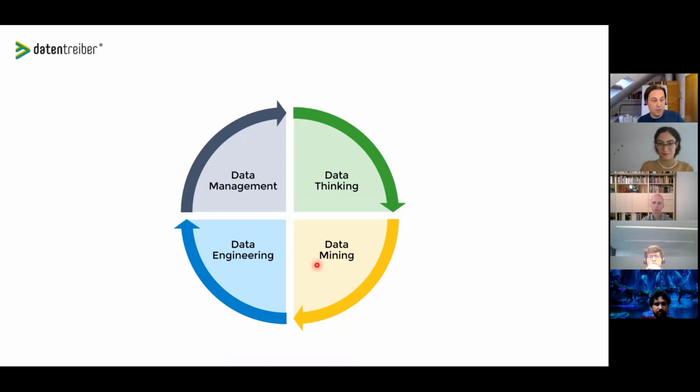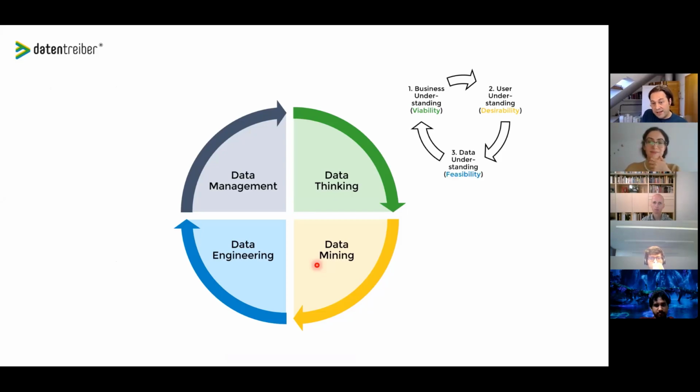And to dive into a little bit more details about the data thinking, it all starts with the business understanding, to identify the viable use cases. Then you have to dive into the user understanding to identify the desired use cases, and also have a good data understanding. And then you go in the next phase into data exploration and preparation, because once you know what are the relevant data sets, you can explore those data sets in more detail.